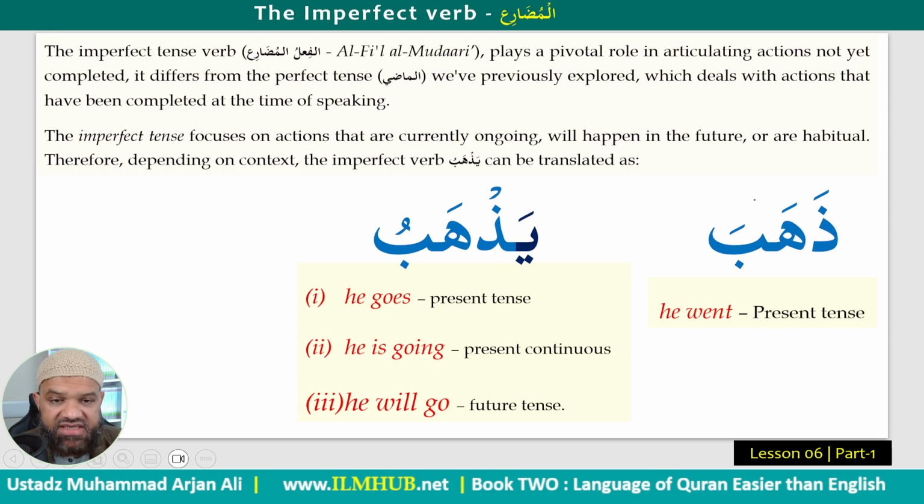So the imperfect tense focuses on actions that are currently ongoing, will happen in the future, or something that is habitual. Therefore, depending on context, we will translate the imperfect verb to the context that we are looking at within the structures of the sentences. But we cannot get to that level until you've learned the scale to recognize it, and of course, to be able to understand the root, etc.